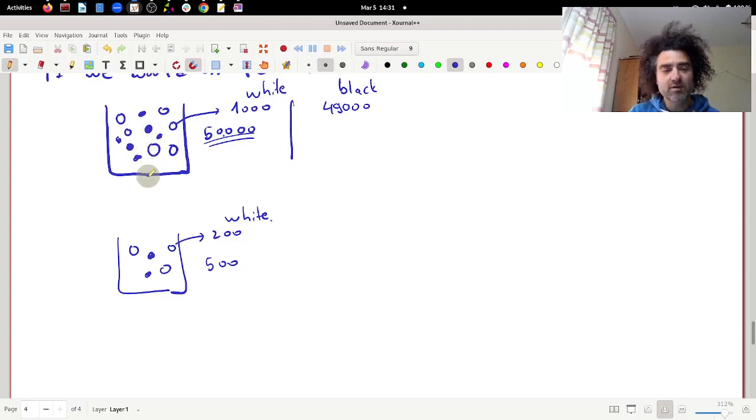So how possible is it to find 200 or more white balls if we just randomly pick 500 balls from this group?